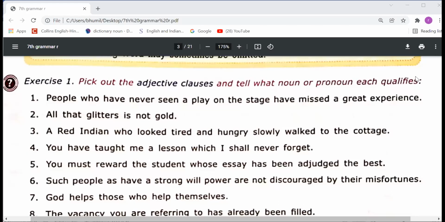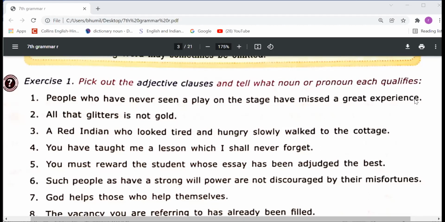Sir, the clause is whose essay has been adjudged the best. This part is a clause, and which noun or pronoun is it describing? Student. Yes? The student. Very good, right answer. Palak, you have given the right answer. Very good.